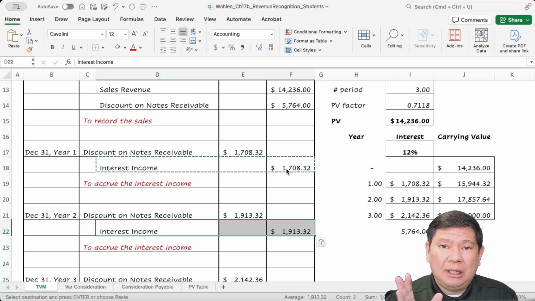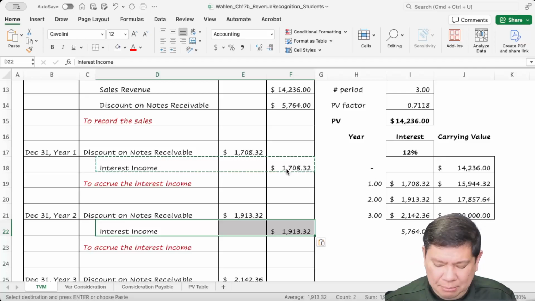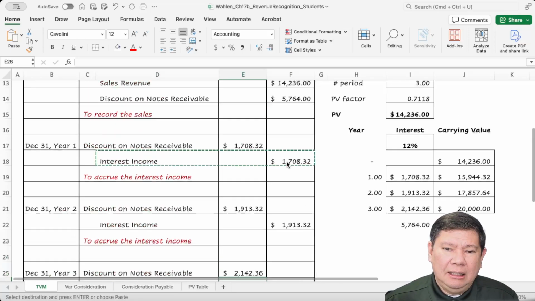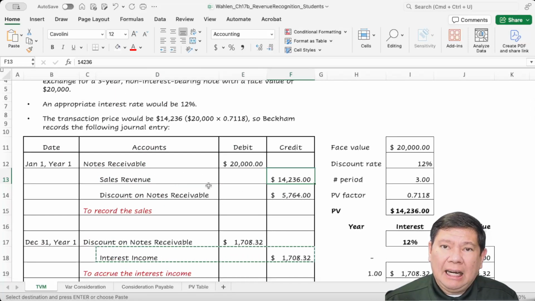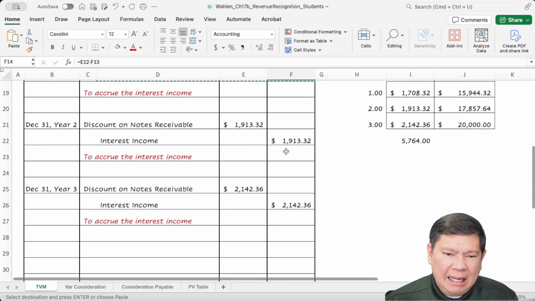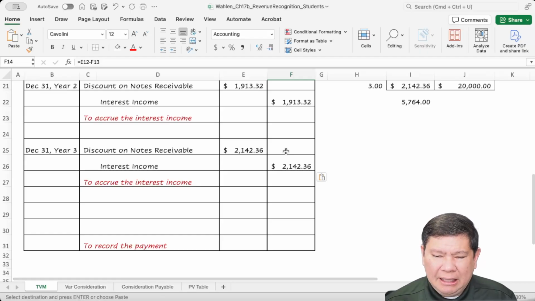Okay, so there is no cash received, but we have to recognize interest income. Why? Because when we recorded this transaction, the sales revenue is 14,236, but we will receive $20,000 later. So the difference here is the income spread out into 3 years.